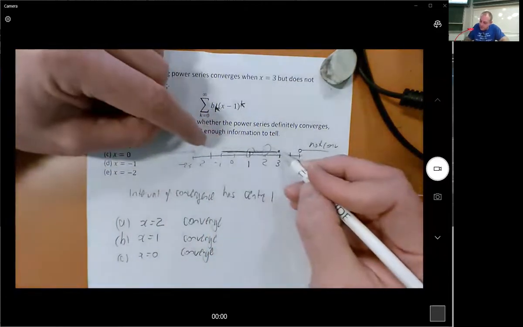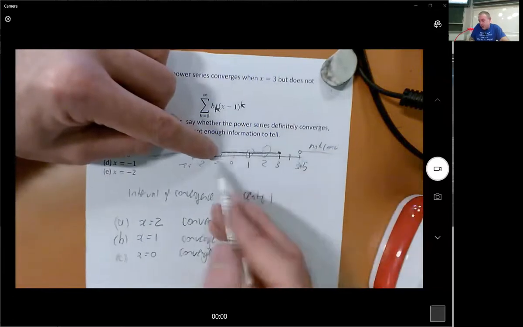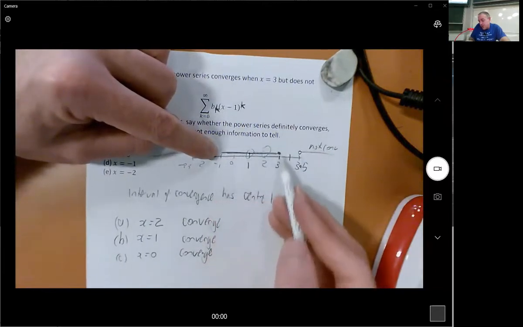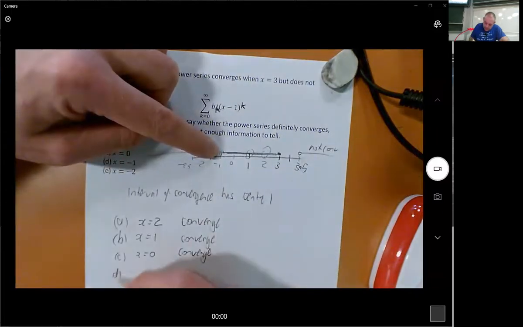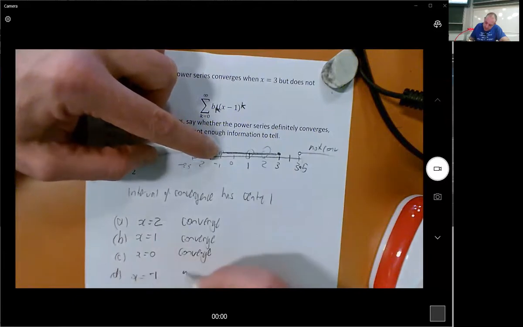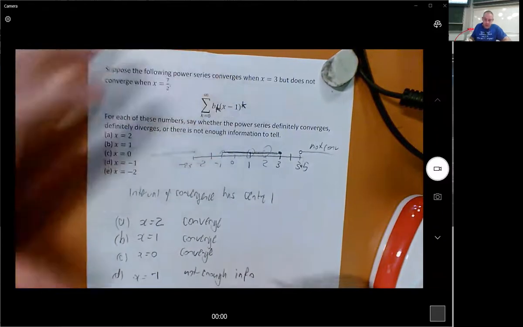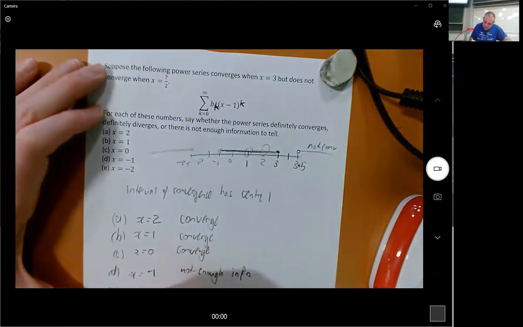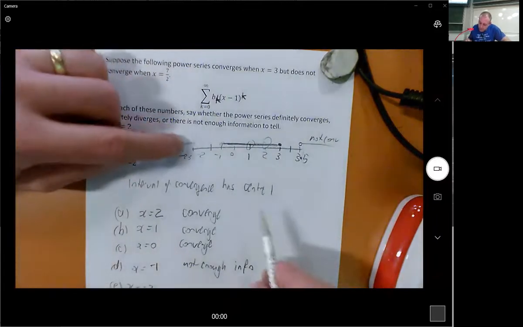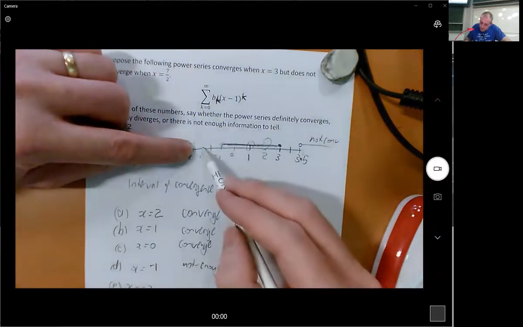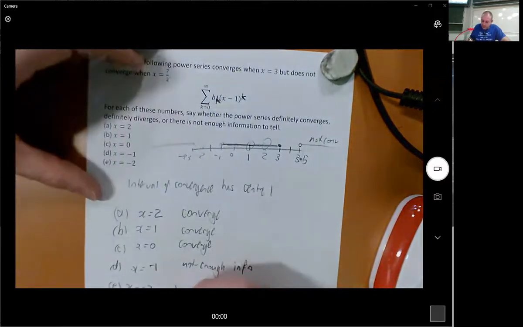It does converge when x is 3, but if the interval of convergence just went to x equals 3 and that was the end of it, then it would technically be allowed to not converge at that end. So when x equals minus 1, not enough information. And lastly, when x is minus 2, also not enough information.